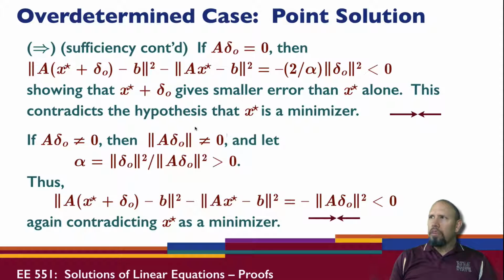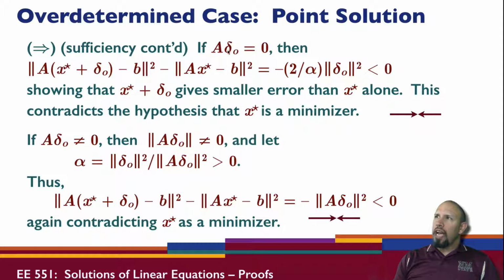In that case, the norm of A delta is not 0, and so we can define this positive quantity alpha. And so again, the difference in norms simplifies down to this, A delta norm squared, minus that. And so again, that's negative, and again, it contradicts the assumption that x star is a minimizer.